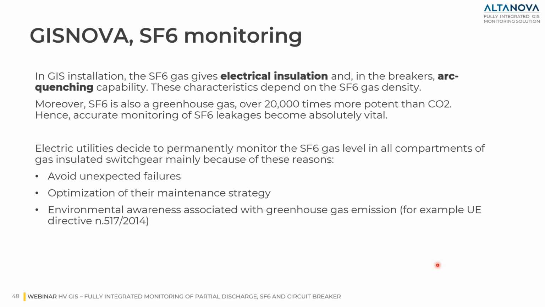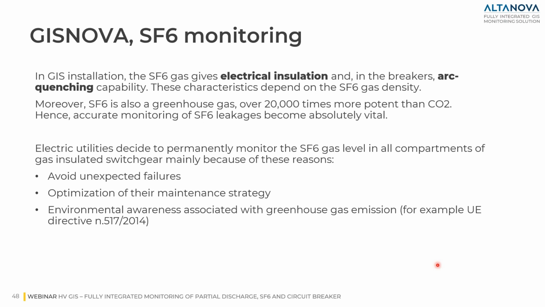For this reason, gas monitoring is primarily used to make sure that a sufficient quantity of SF6 gas is provided to meet the requirements of the OEMs and GIS functionalities in order to avoid unexpected failures.